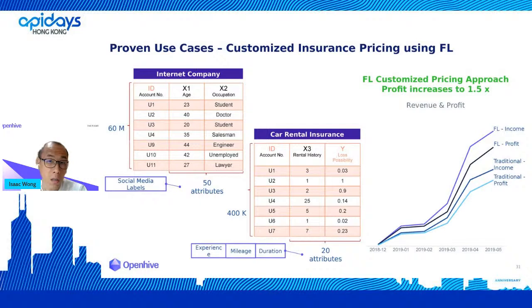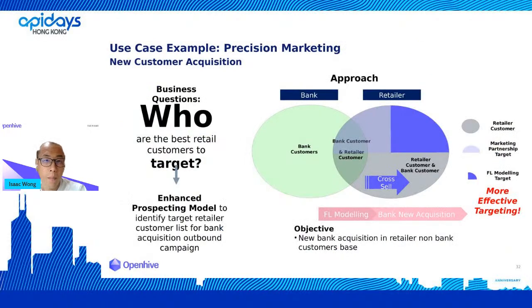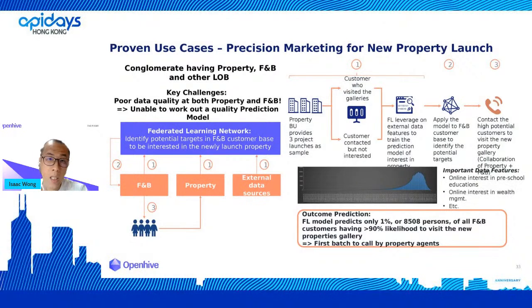In the insurance space, for customer pricing, we have this application of federated learning as well. Particularly in marketing in general, federated learning can improve the efficacy of precision marketing. And even in the property business, we have been seeing use cases deploying federated learning so that visitors or potential buyers of those properties can be more accurately targeted.